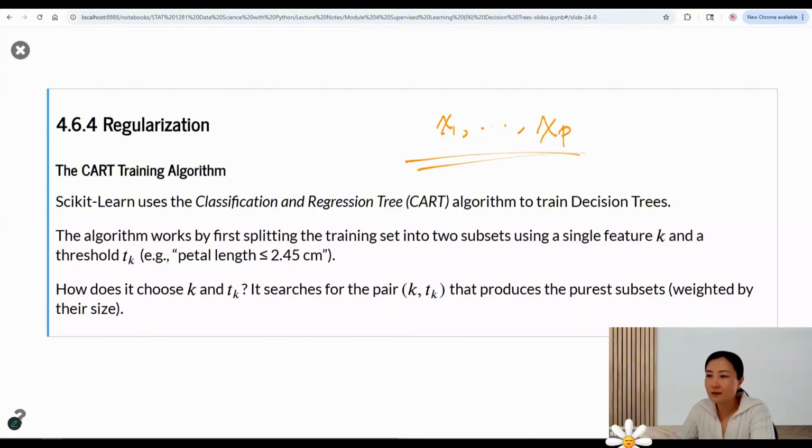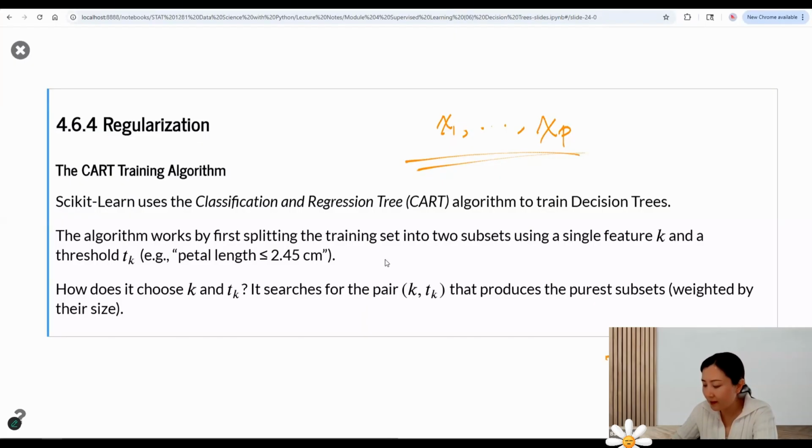How does the tree select a single feature variable and the corresponding threshold? The answer is it searches for the pair k and tk such that it will produce the purest subset after the split.